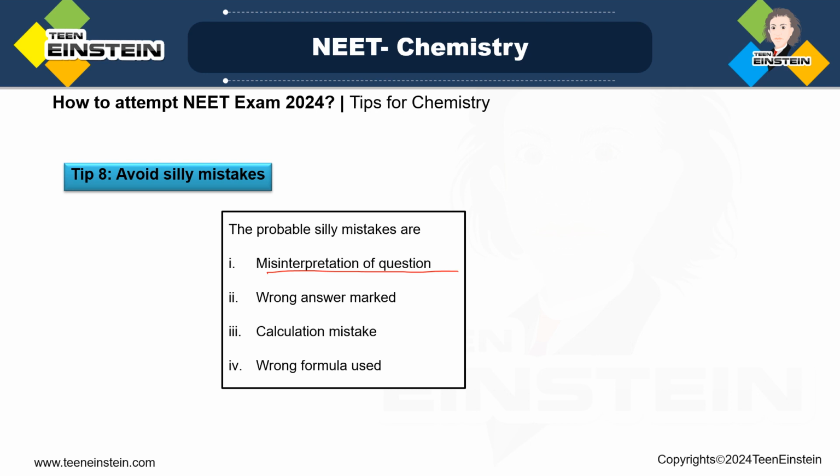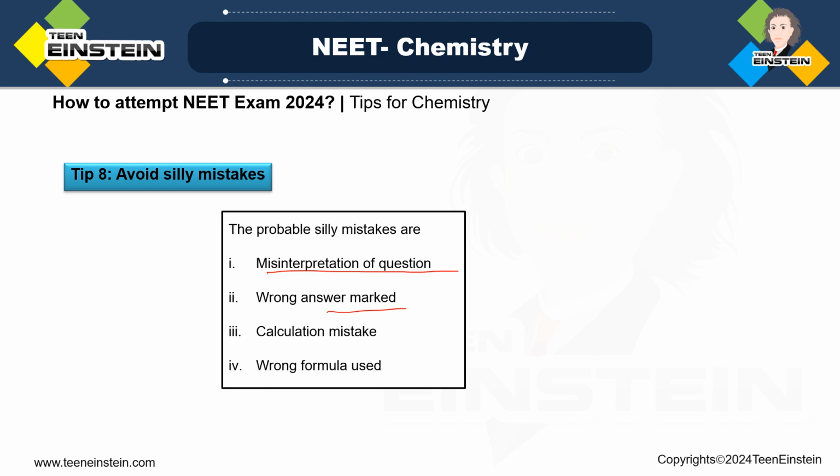If you are in a hurry, thinking that you have to go to the next question, misinterpretation can happen. When you are reading a question, your focus should be only on that question. Also, wrong answer marked: in a hurry, if you mark a wrong answer on the OMR sheet, you cannot change it, so take care of that.